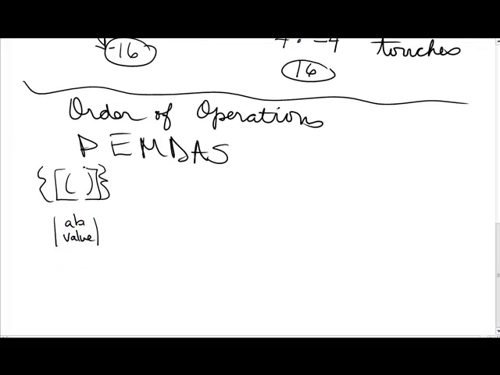With absolute value, the number comes out positive. We will work inside the parentheses first, and then the brackets, then the set notation, moving outwards, still following our order of operations. The next one is E, and we just talked about that. That's exponents.